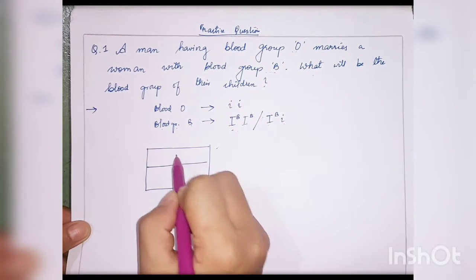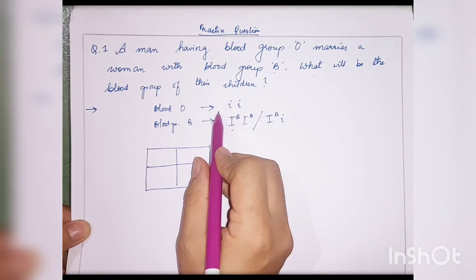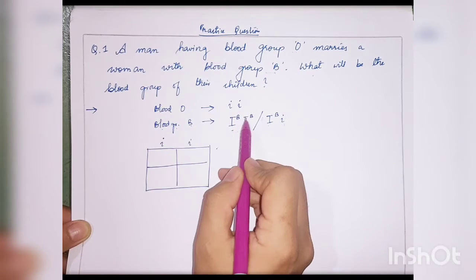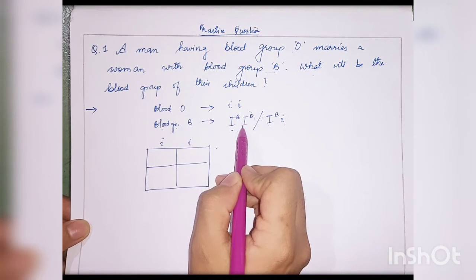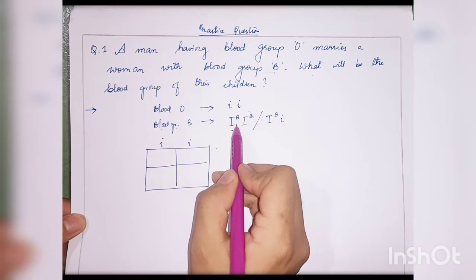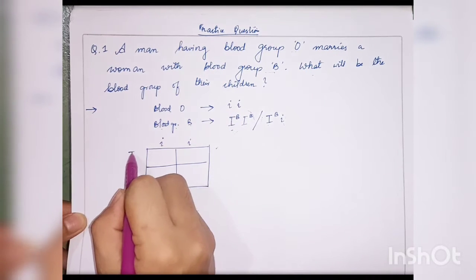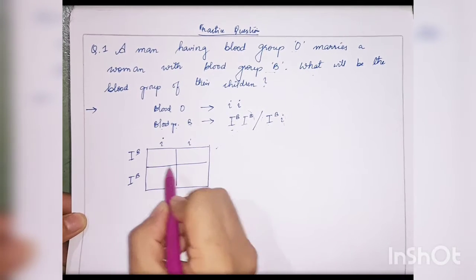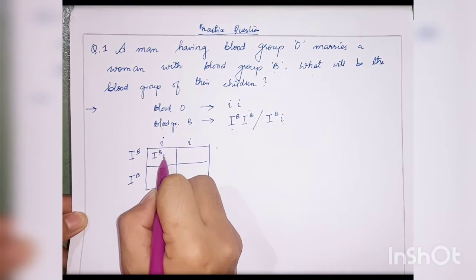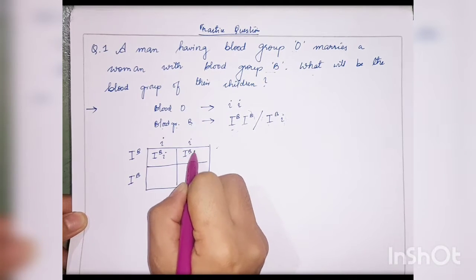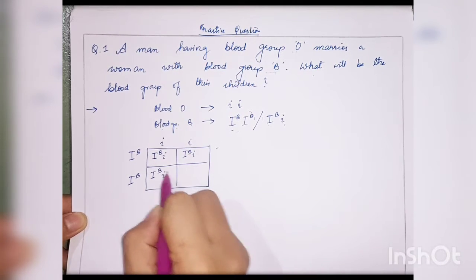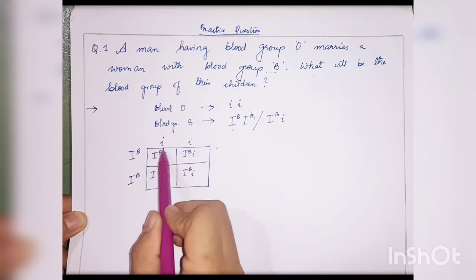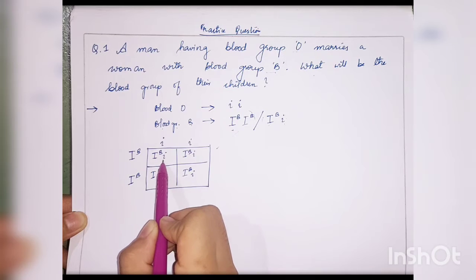For blood group O we are writing i and i, and first we are going to take this IB and IB. When you cross it, it is the same as the monohybrid and dihybrid cross. After crossing, you get IB i.